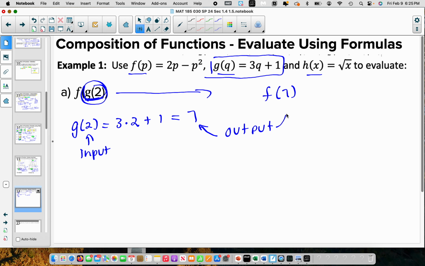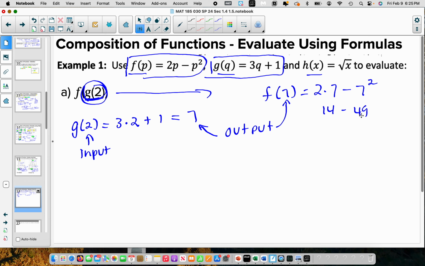I take that output and I input it into my f function. Here's my f function here. f of 7 is equal to 2 times 7 minus 7 squared, and that is equal to 14 minus 49. I didn't do the math.